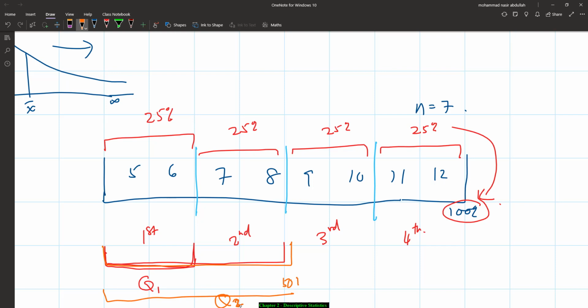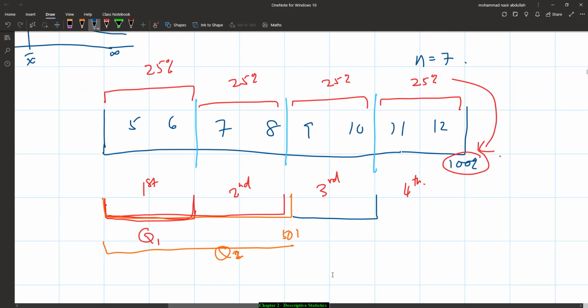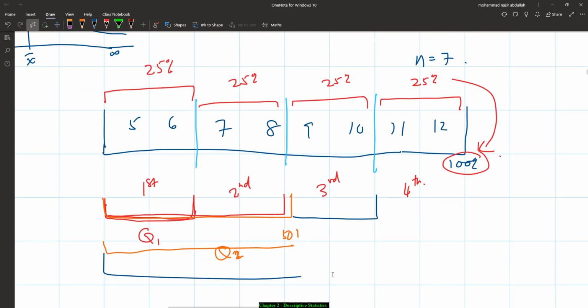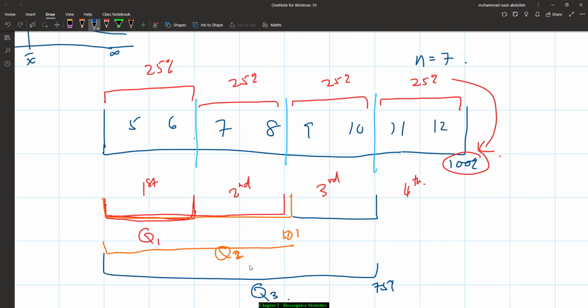Quartile number 3 consists of another 25% of the data, which is 75%. So this is quartile number 3. Do you understand? This is the point of quartile number 1, this is the point of quartile number 2, and this is the point of quartile number 3.